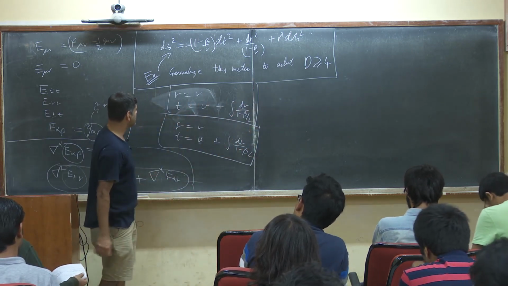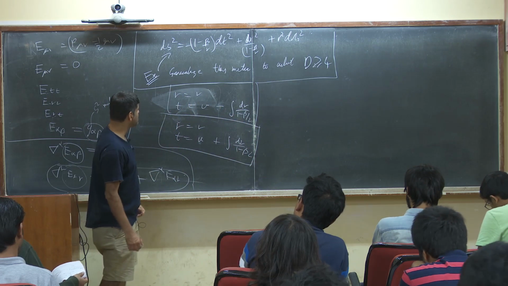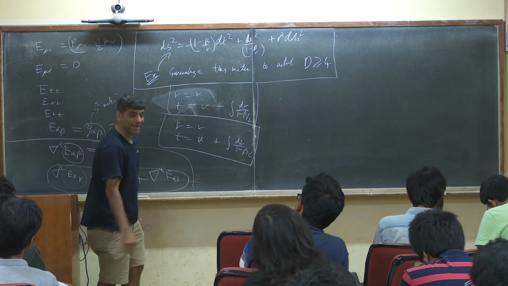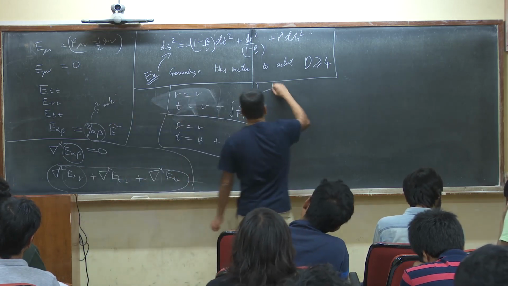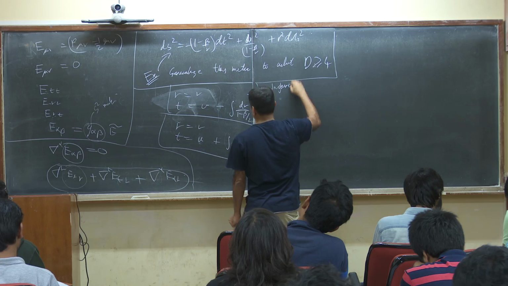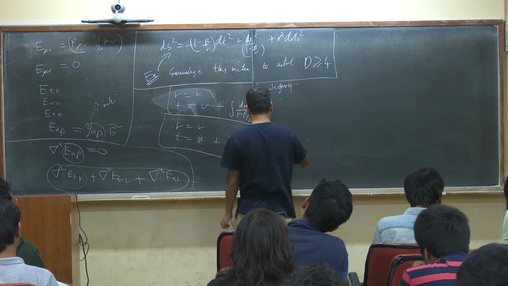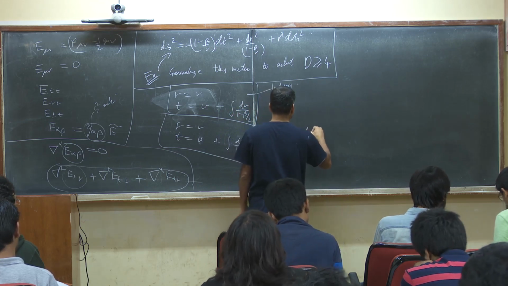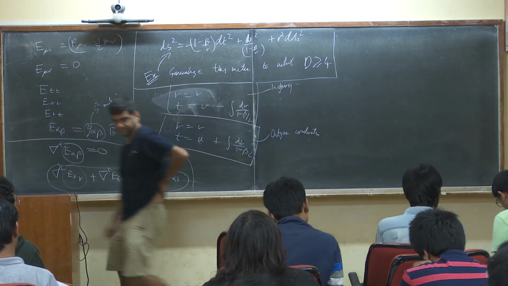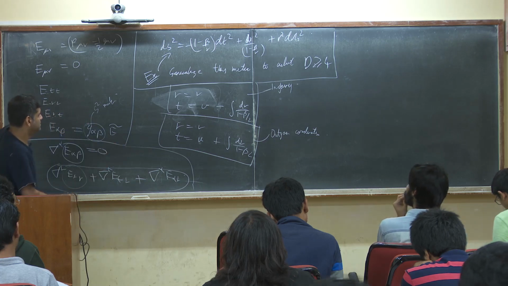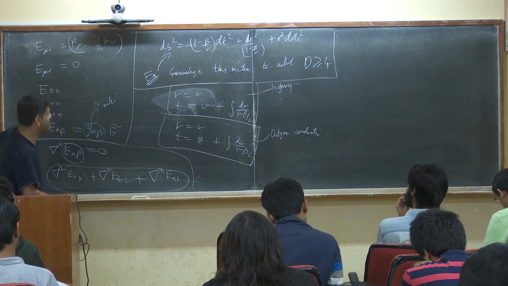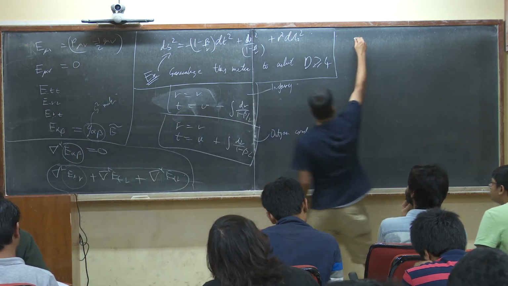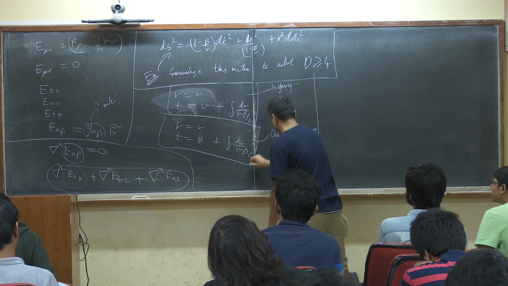Now let's see. v is like t plus r. So these are ingoing coordinates, and these are outgoing coordinates. More generally we had this definition of u and v.